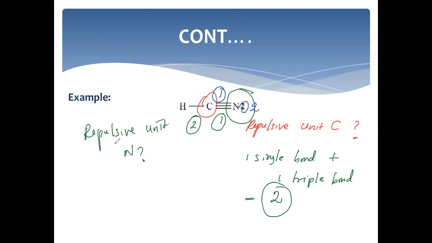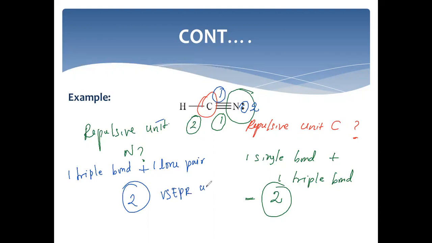So one triple bond plus one lone pair. Not the number of electrons, it should be the pair of electrons. So nitrogen also has 2 repulsive units, or VSEPR units. Are you all clear?